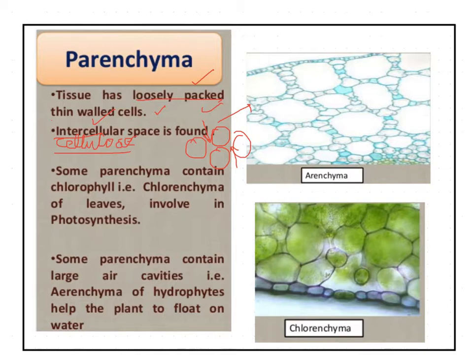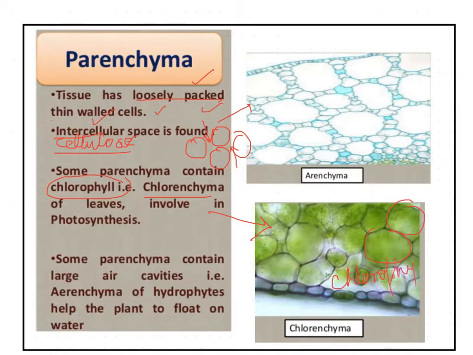आपकी जो parenchyma tissue है, ये अलग-अलग plants में अलग-अलग function perform करता है. Like कुछ plants में ये parenchyma जो है, इसके अंदर chlorophyll present होता है. So the parenchyma which contains chlorophyll is called chlorenchyma. देखिए जैसे leaves में होता है. As you can see here, these are the parenchyma cells, and these cells contain chlorophyll.